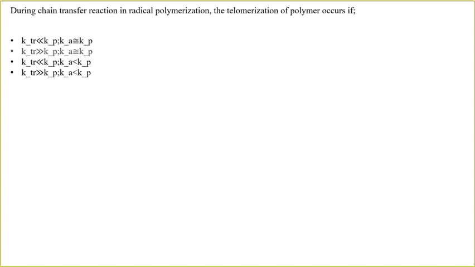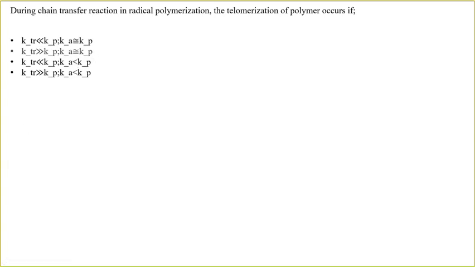So this happens when the transfer rate is much higher than the propagating rate, and you can see right here, option B is the correct answer, where KTR, that is the transfer reaction rate, is much higher than the propagation. And we have here Ka is equivalent to Kp, that is the propagation.